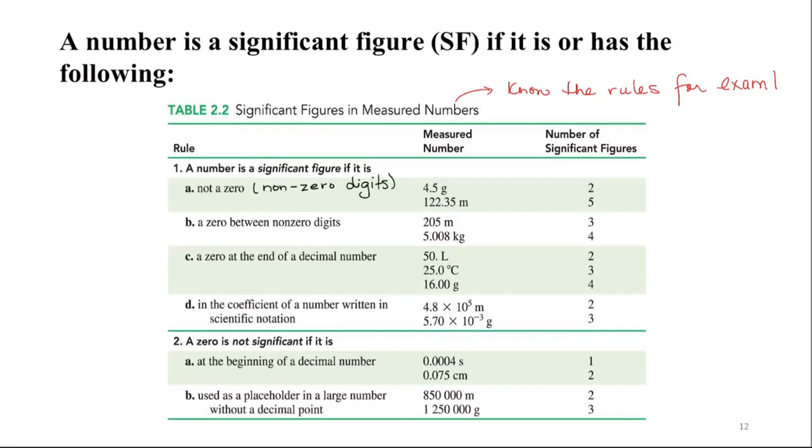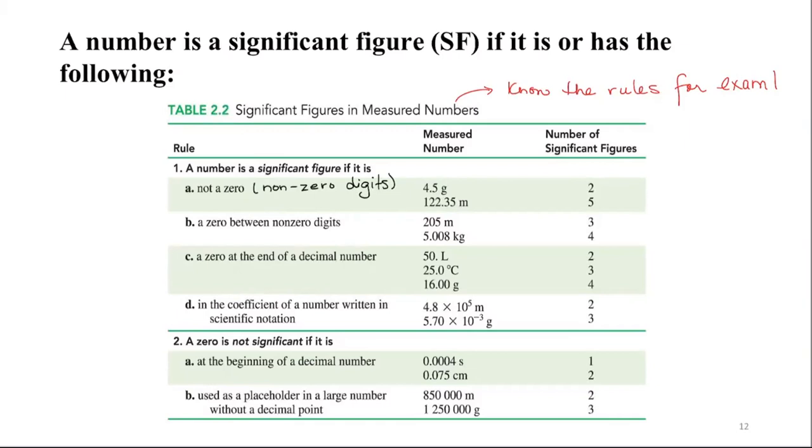In any measurement, all of the digits that are not zero carry meaning. You can see here the measurement 4.5 has 2 sig figs, and 122.35 meters has 5 sig figs.